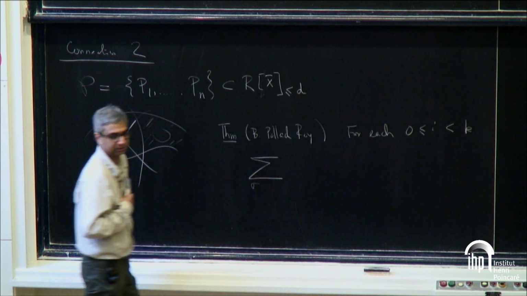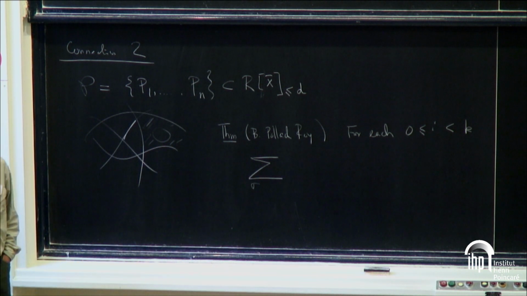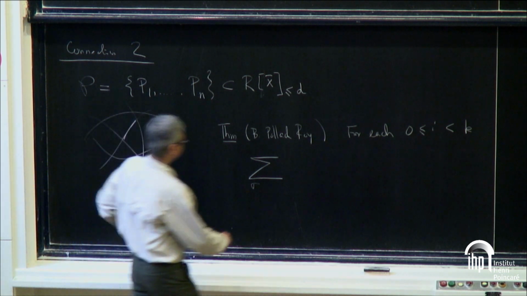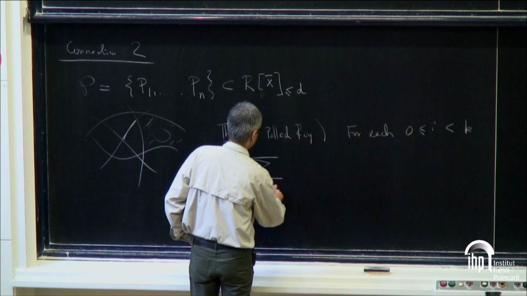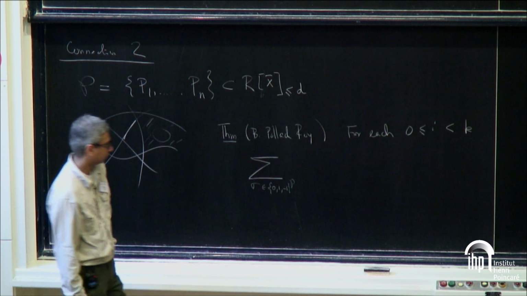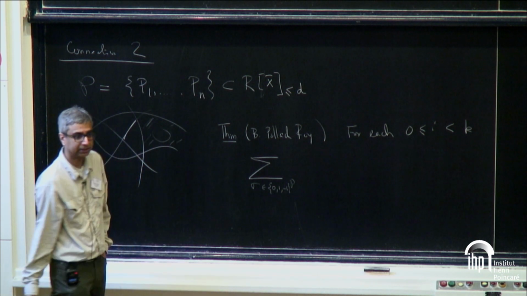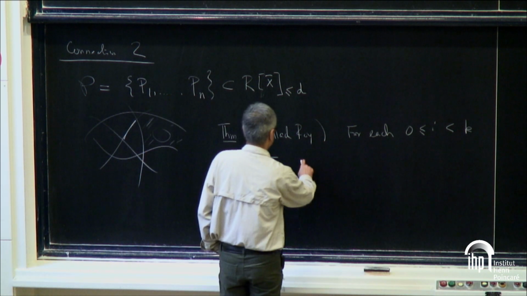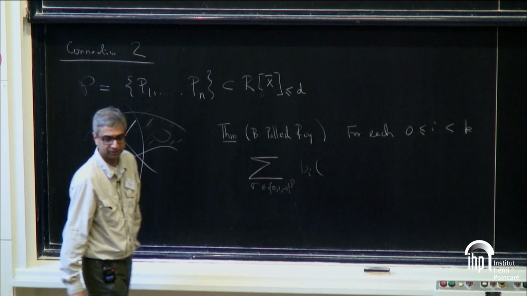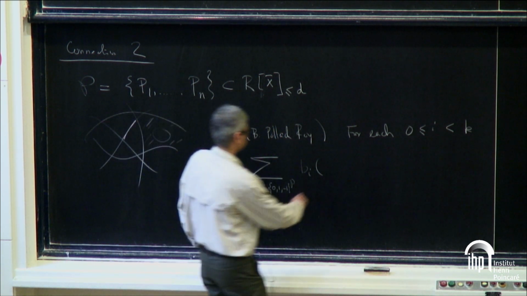So a sign condition will associate a sign, 0, positive or negative, to each of the polynomials in P. So it's a 0, 1, minus 1, let's say, to P. So you're summing over all possible sign conditions the ith Betti number of the realization of this sign condition.